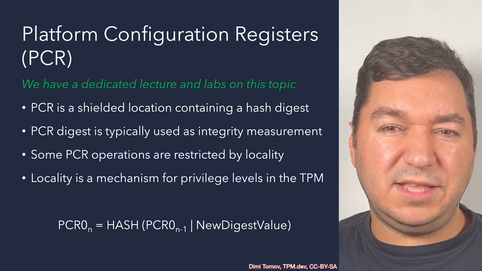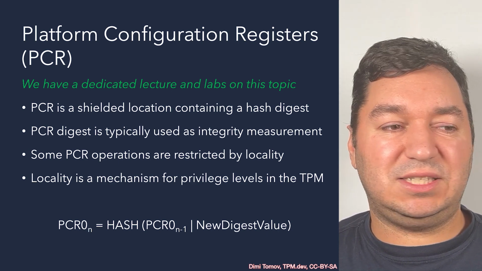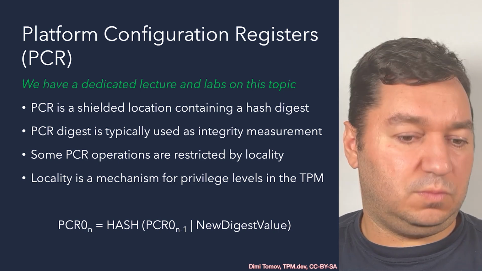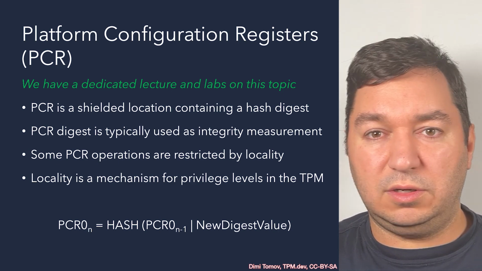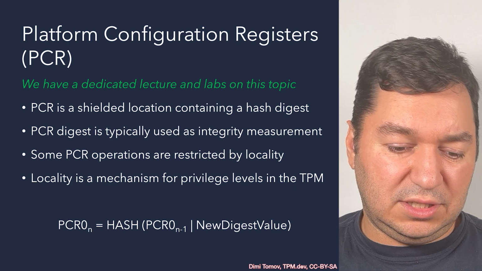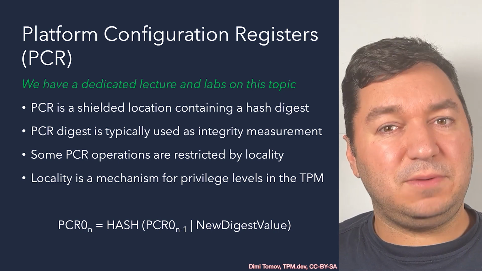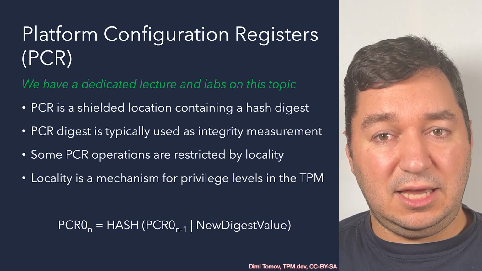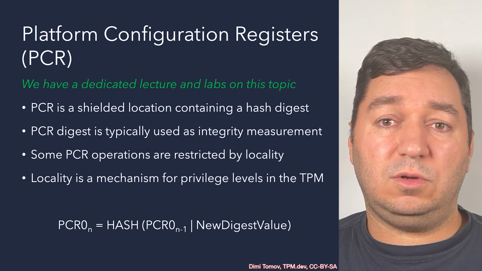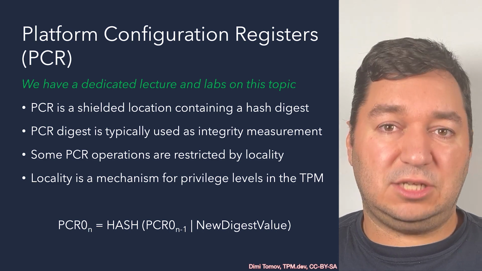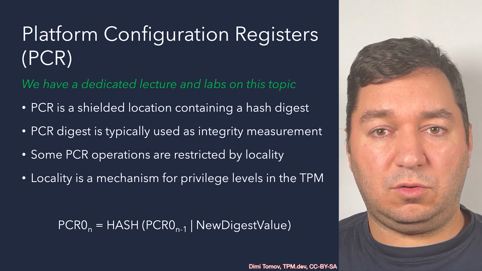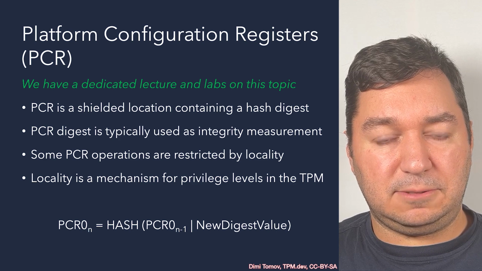Most notably, when can we reset the PCR? When can we set it to 0 or to all ones? Well, this is defined by the TPM and the TPM spec. In most cases, this can happen only during power on, essentially system reset, actual power on and off, in most cases.